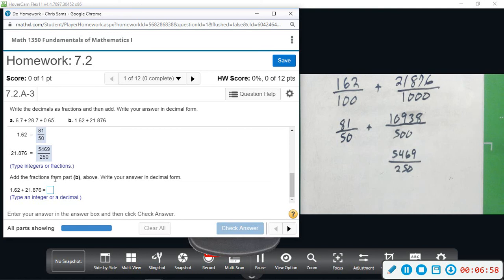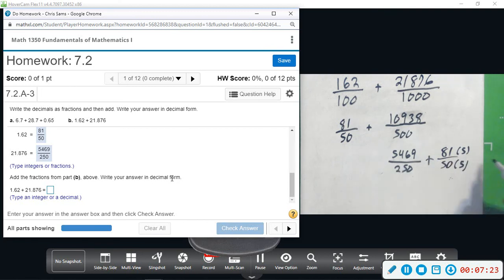Okay, so now we want to add the fractions and then write it in decimal form. Instead of just adding the fractions, which we would just have to multiply by 5, I'm going to go ahead and add the decimal forms because we want to put it in decimal form anyway. All you have to do is multiply this by 5 to get a common denominator once it's reduced, and then add those two.